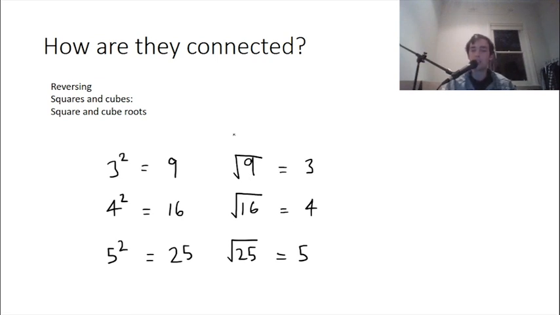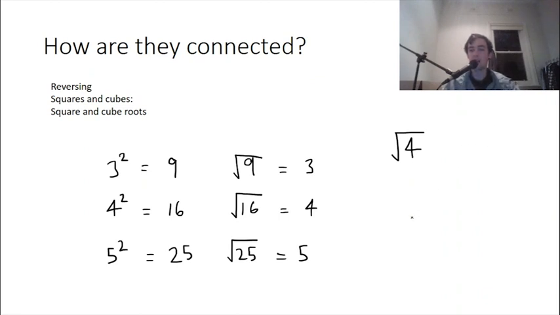Square roots are going backwards. A square root tries to find a number that you could square to get to the number inside the square root. So for example, let's say I have the number 4 inside a square root.